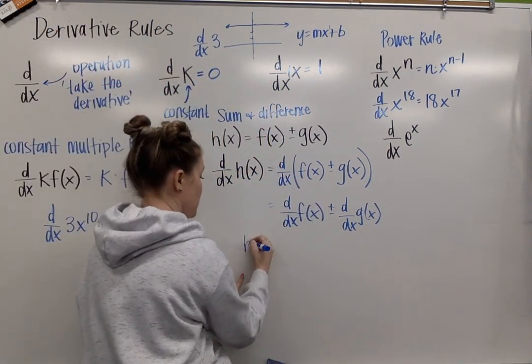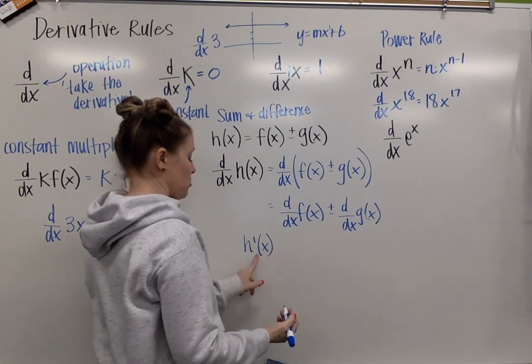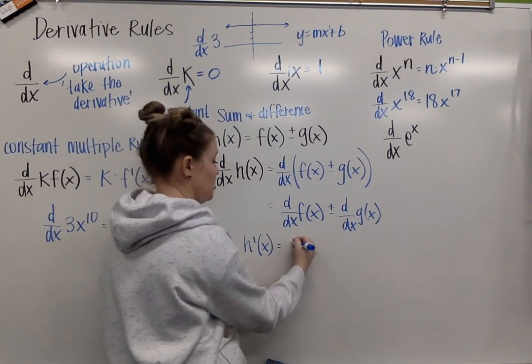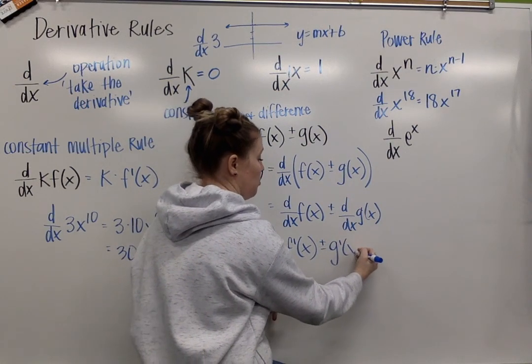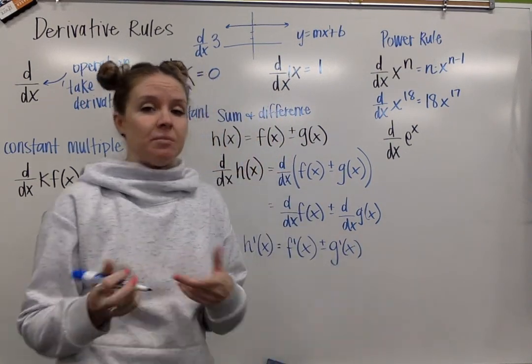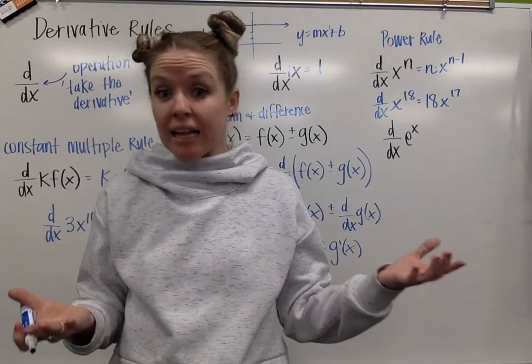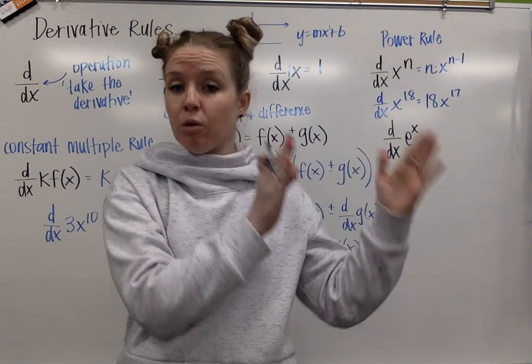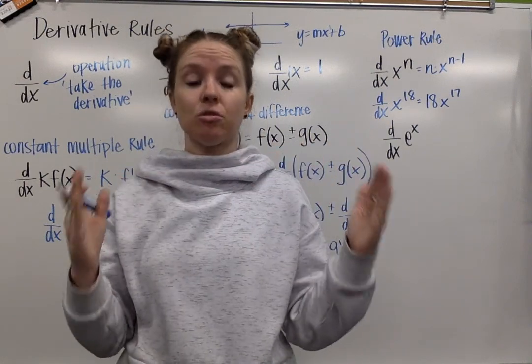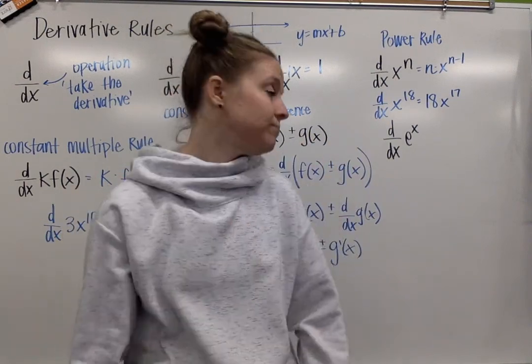So here, h prime of x, so the derivative of h of x, is just equal to f prime of x plus or minus g prime of x. To me, this one's kind of a gimme, that makes sense, that's obvious. Just take the derivative of each individual piece, and that is still the derivative of the full function.